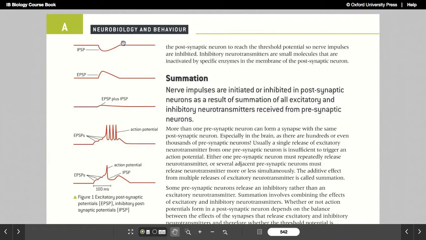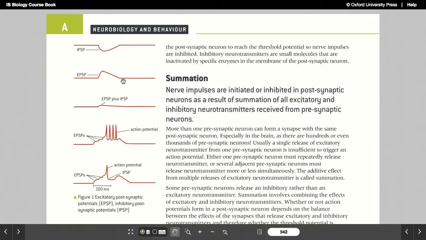So it gets more negative than negative 70, which means fewer signals are sent. Because remember, you have to become positive if you're going to send an action potential. And then what we've mostly talked about are EPSPs, which are excitatory postsynaptic potentials, which cause you to become positive, and then you send a signal. You propagate a signal down your axon, which then causes you to release more excitatory neurotransmitters.